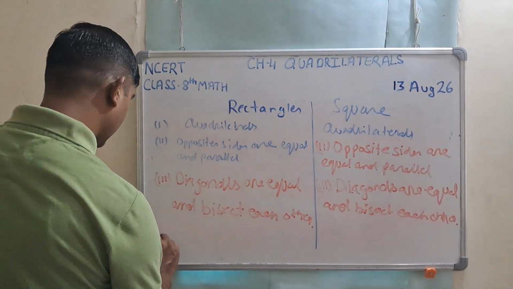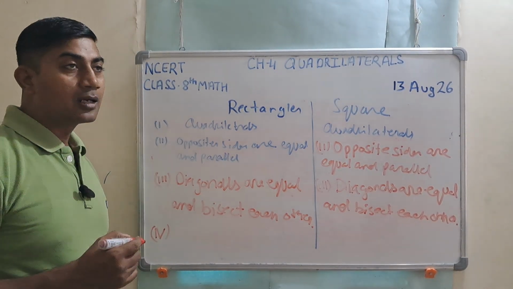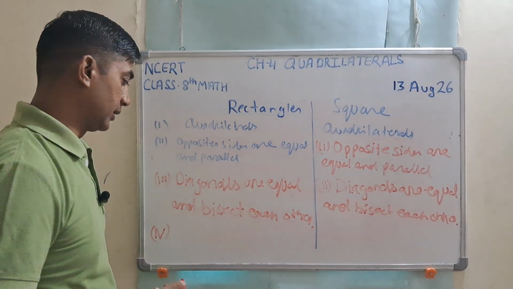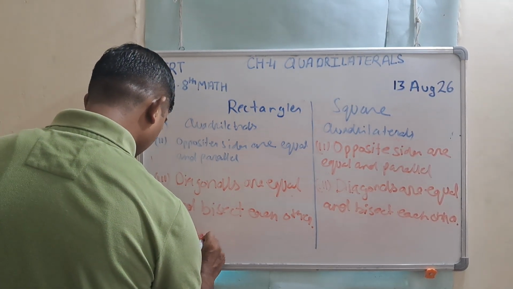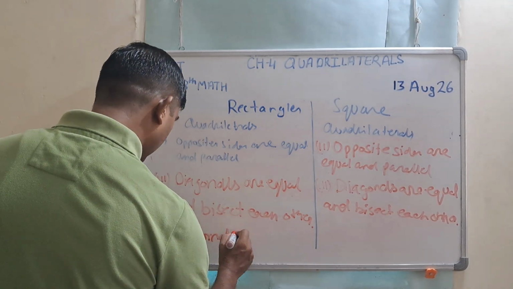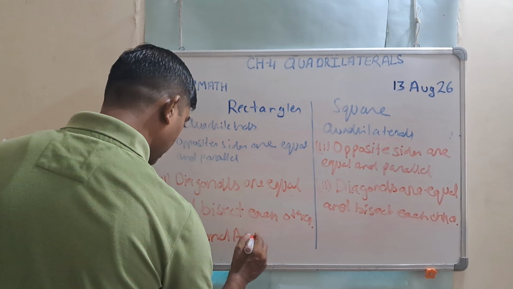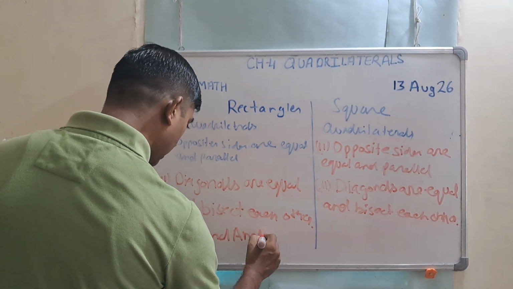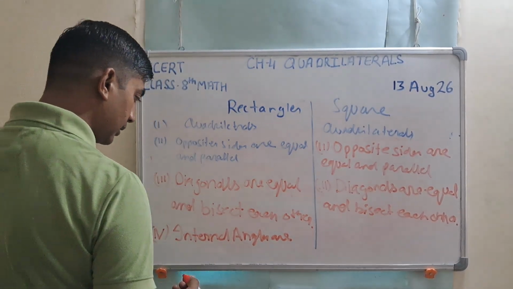And the fourth point is that internal angles of the quadrilateral are 90 degrees.